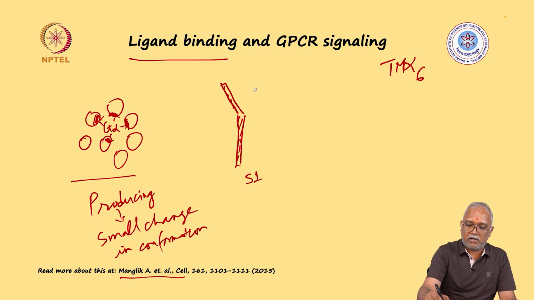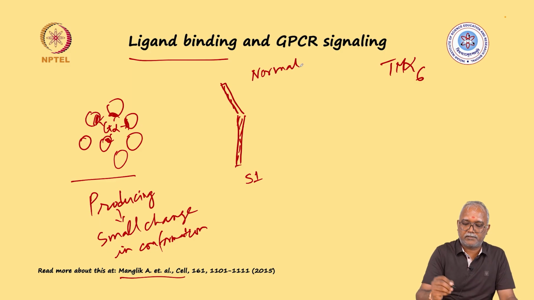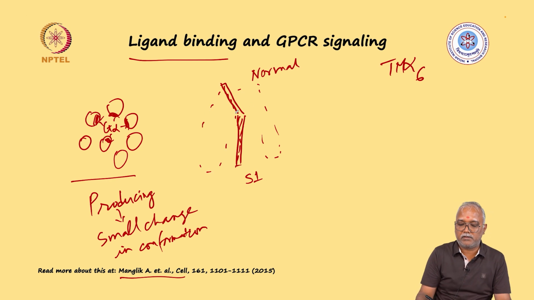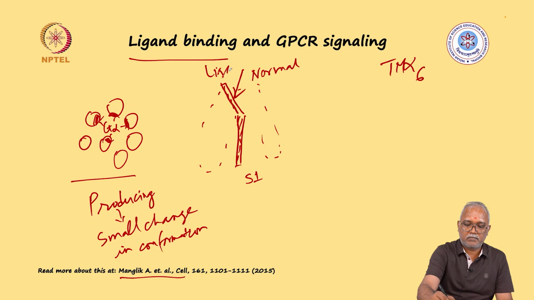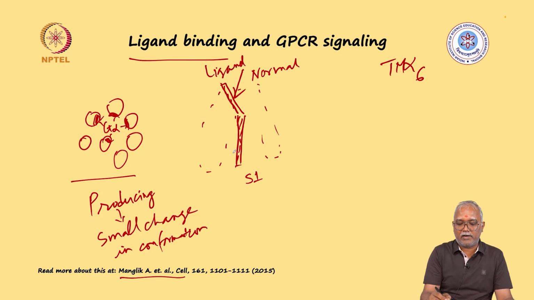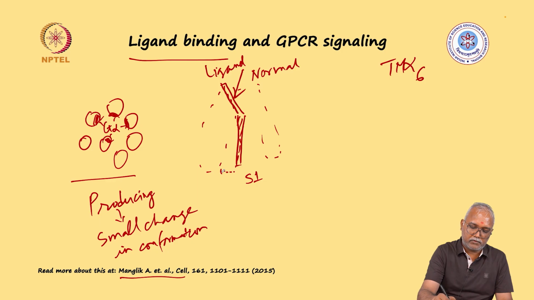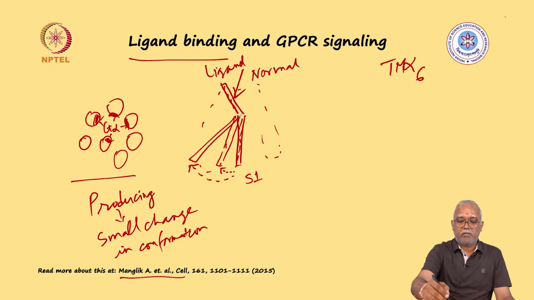So this is the position under normal circumstances when the receptor is inactive. The other helices will be around, remember that, but it is this alpha helix 6 which is being considered here. So when ligand binding happens, it actually pushes on this alpha helix and this helix moves to different conformations. Basically it can move to this position or it can move to this position. So a more potent ligand will push the helix to the maximum displacement position.